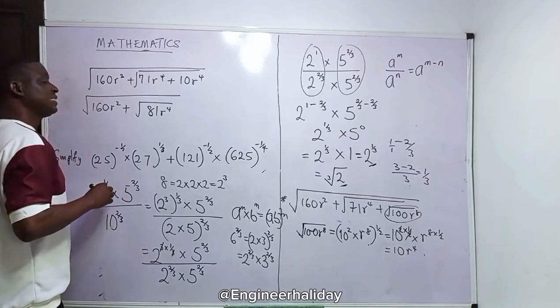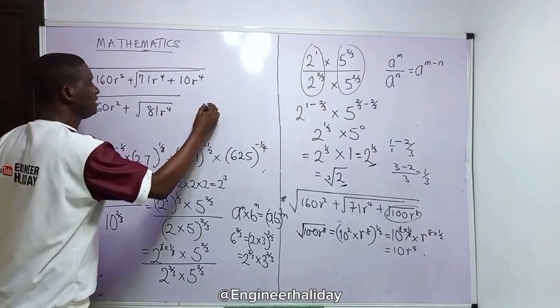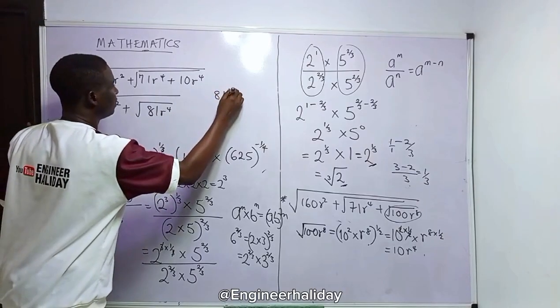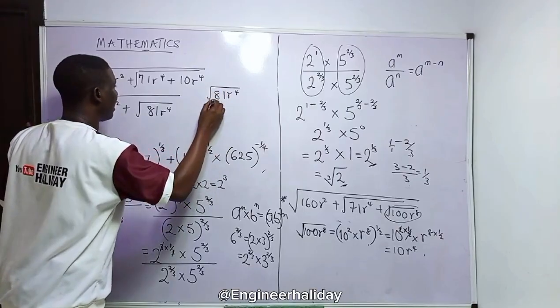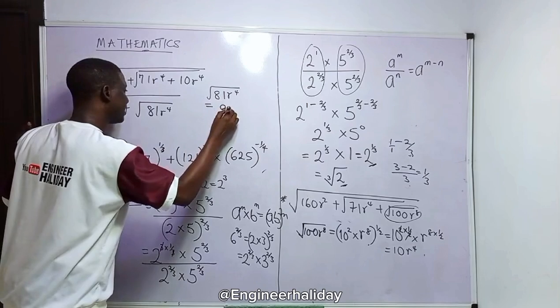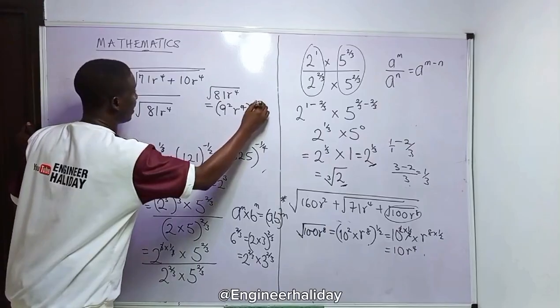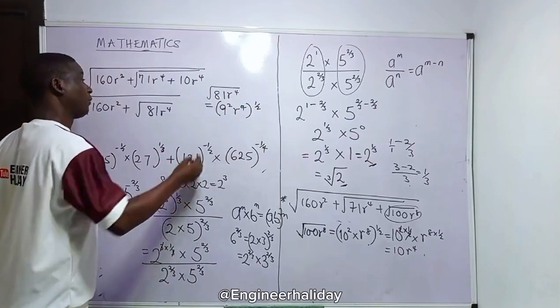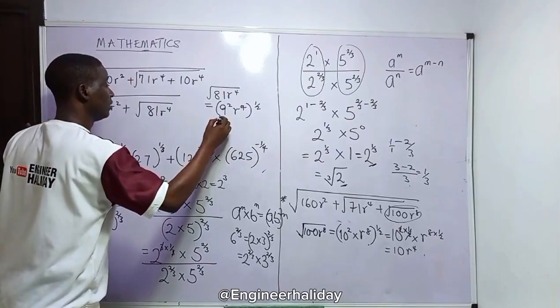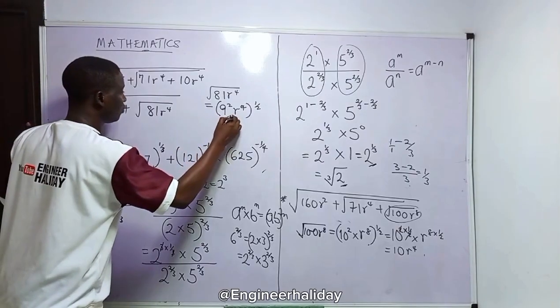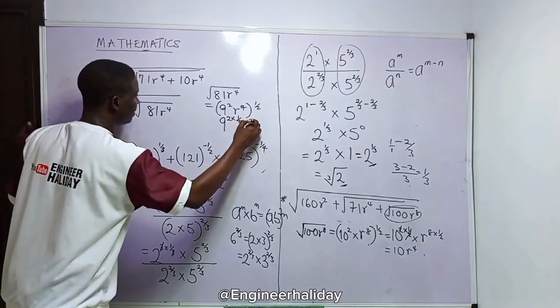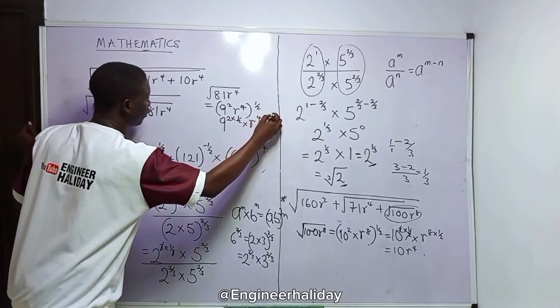Now in this case, what is the square root of this one? This one can be written as 9 raised to power 2 r raised to power 4, all raised to 1 over 2, because square root means power 1 over 2. So 9 raised to power 2 times 1 over 2, times r raised to power 4 times 1 over 2.